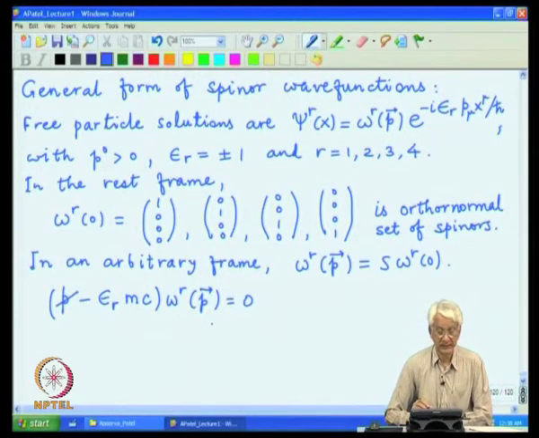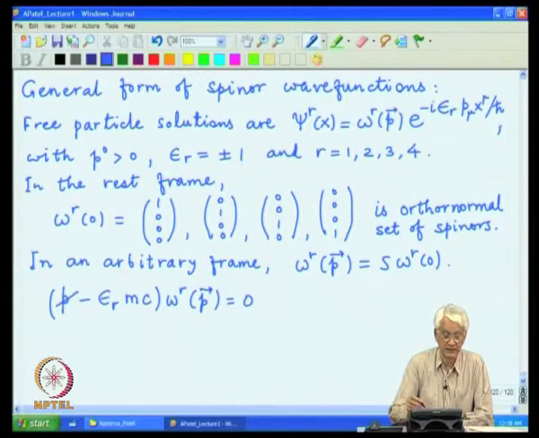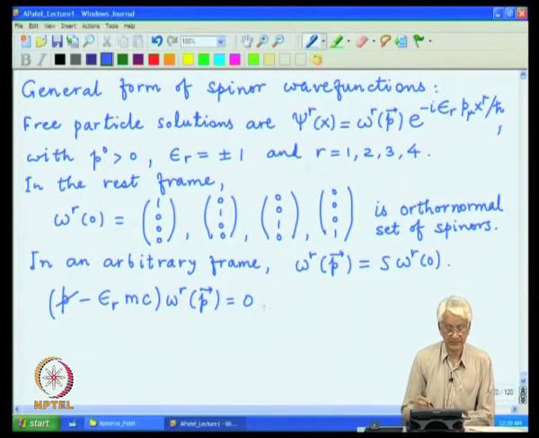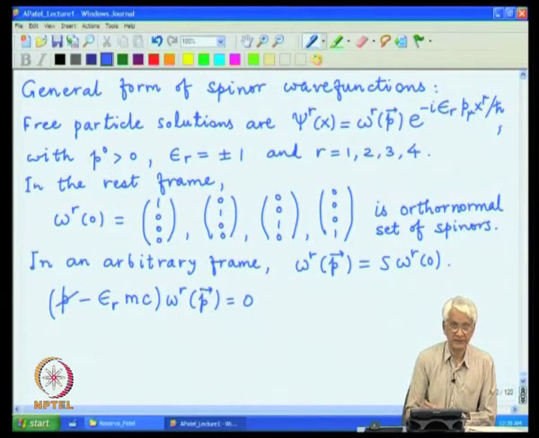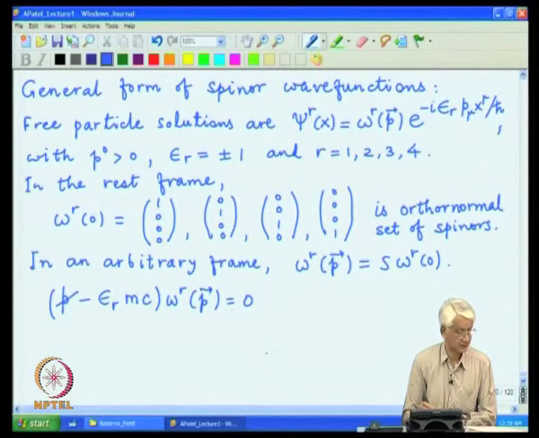So, this is the Dirac equation after removing all the space time derivatives in favor of the eigenvalues p mu. That is the effect of this phase factor in the solution, and the epsilon r which comes together with p mu, I have just multiplied it through and put it in front of the mass term. So, this is the Dirac equation, but now we do not worry about the space time. P's are basically just some numbers, they are the eigenvalues corresponding to the plane wave.